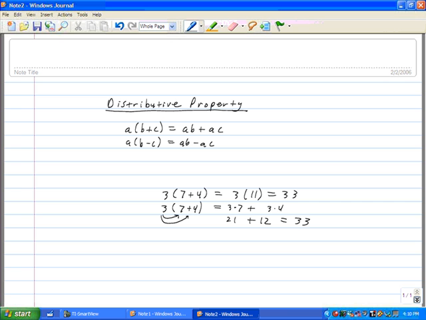So we see that it works in this numerical example, but that doesn't really tell us what the point is. Why do we need this property? Because the first way we did it up here really wasn't that difficult. Well, the best use of this property is for problems in which the order of operations really can't be followed. For example, if I had 3 times the quantity x plus 2, order of operations indicates that I should add first.